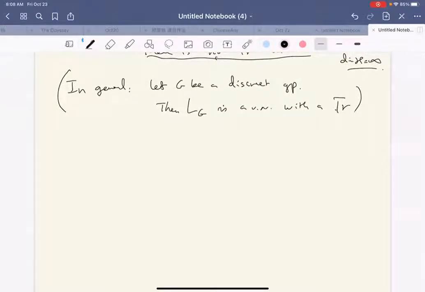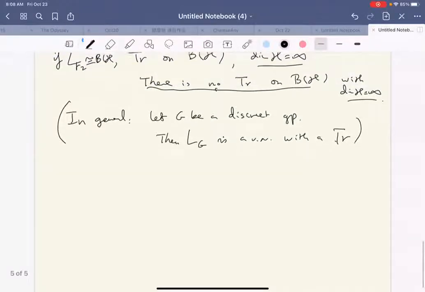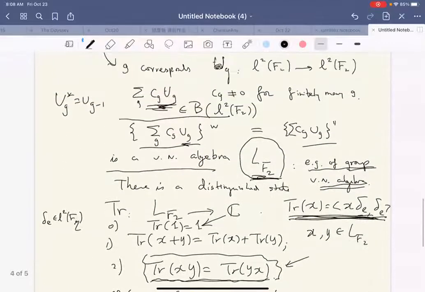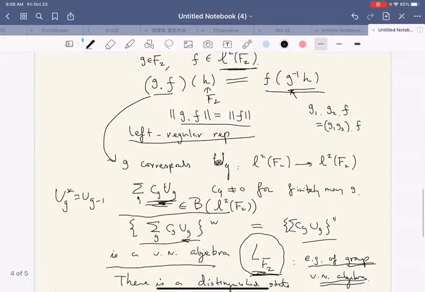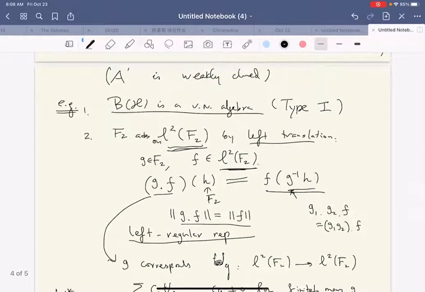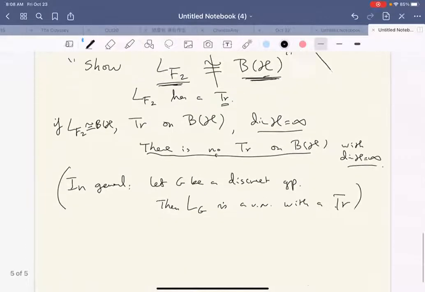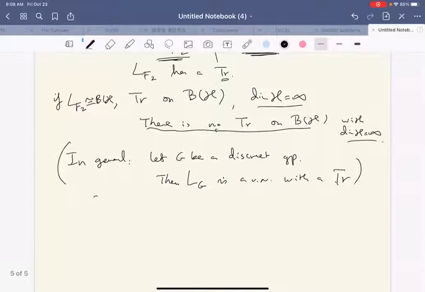So we have this von Neumann algebra, and I will give it a name as well. We have just shown that these two are different. The first one is called type 1, and this one, not surprisingly, would be called type 2, because it has a trace. Such a von Neumann algebra is called type 2-1.